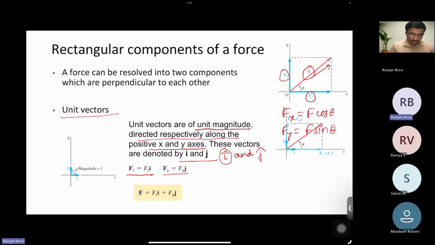So the final force expression can be written as Fx i cap plus Fy j cap. What is Fx? Fx is the magnitude, which can be given using F cos theta. And Fy is the magnitude given using F sin theta. And these i and j are representing the direction.